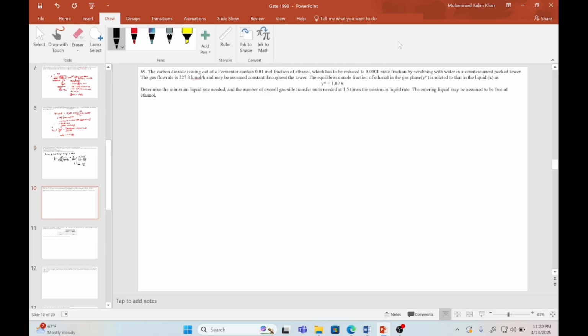Okay, and carbon dioxide issuing out of a fermenter contains 0.01 mole fraction of ethanol. For absorption, always remember, first make an absorption tower, otherwise the question will be difficult to understand. So this is gas in, gas out, liquid in and liquid out.